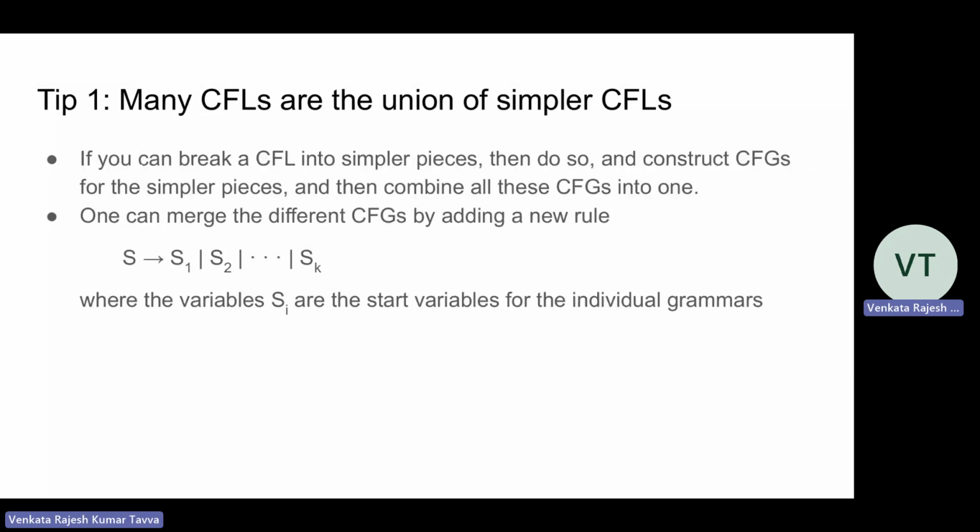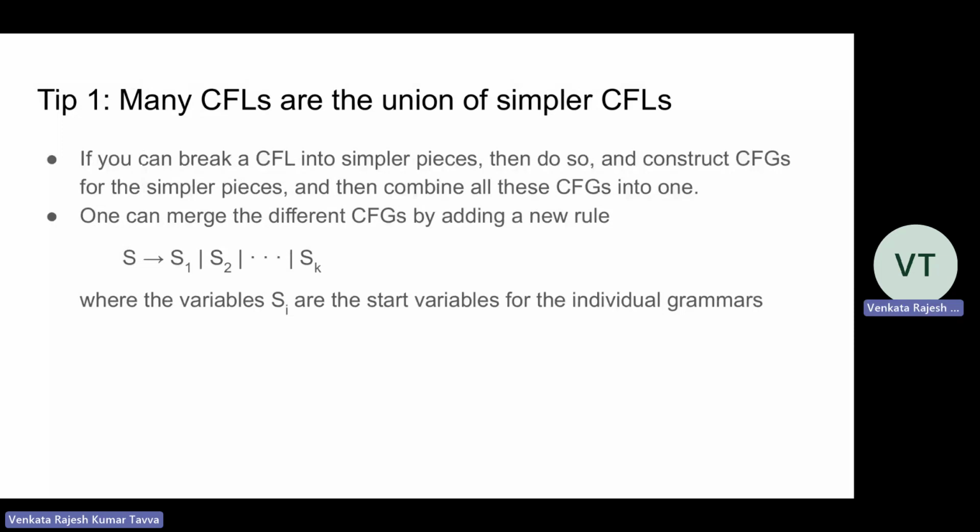So the first tip is, usually many context-free languages are the union of simpler context-free languages. So if they are a union of simpler context-free languages, what you do, you take these sub-context-free languages and solve or build a grammar for each of them, and then combine these grammars to get the combined grammar for the combined CFL. Okay, so one can merge different CFGs by adding a new rule like this.